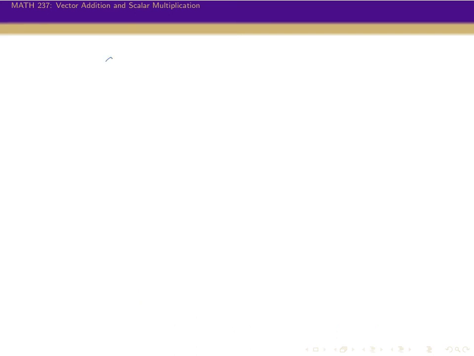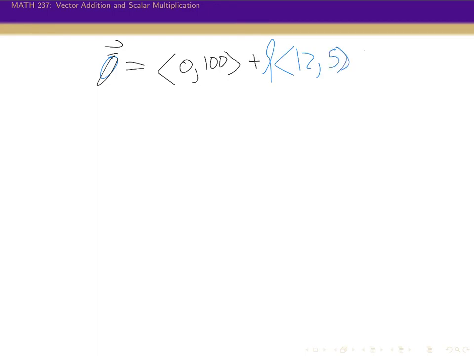So we had, let's use vectors. 0 is equal to G, which was (0, 100), plus T1 is L times (12, 5), plus T2 is K times (-3, 4).